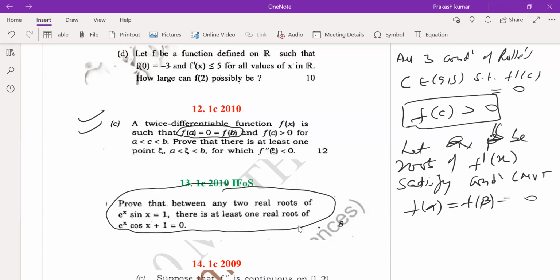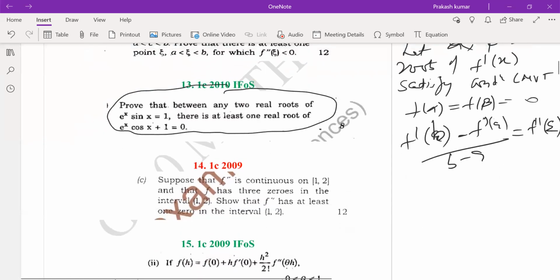Then apply: (f'(b) minus f'(a)) upon (b minus a) is equal to f''(epsilon), some epsilon. This will not help me, their boundary values. Okay, let me do it fairly.